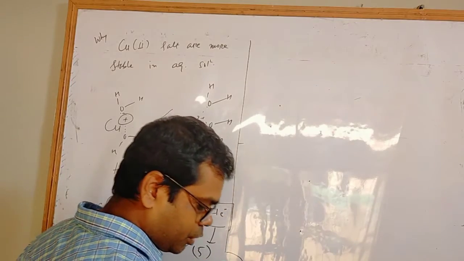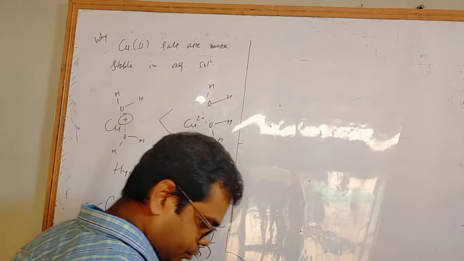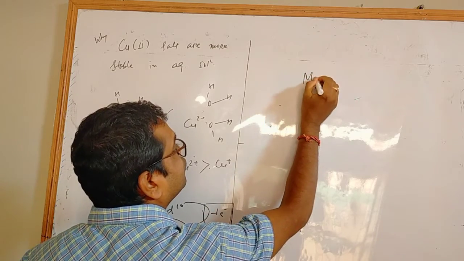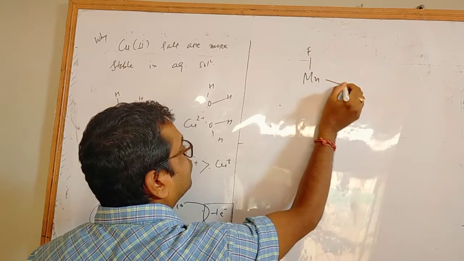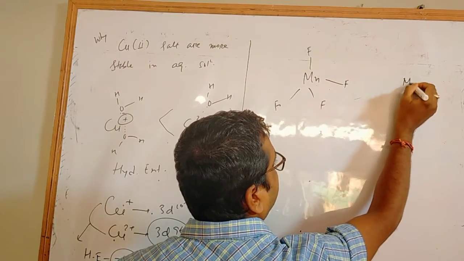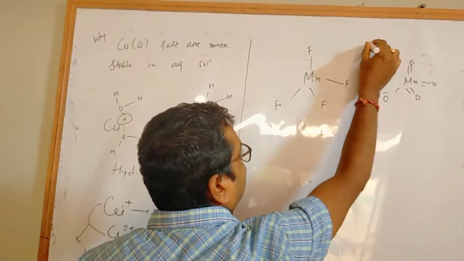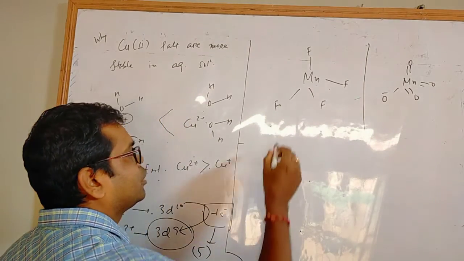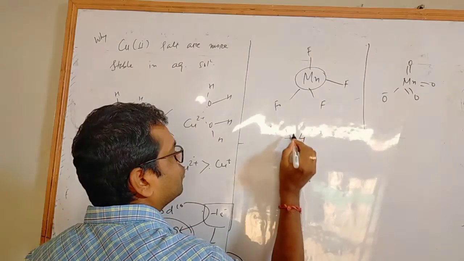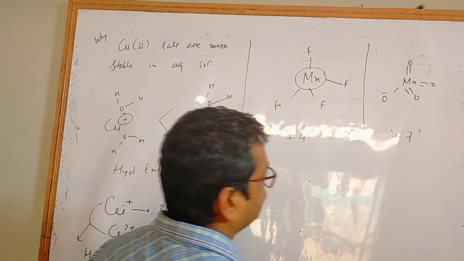So there is a competitive question that if I have a complex of manganese with fluorine and manganese with oxygen, so here what you have learned, the manganese shows oxidation state of +4 with fluorine, and manganese shows oxidation state of +7 with oxygen.